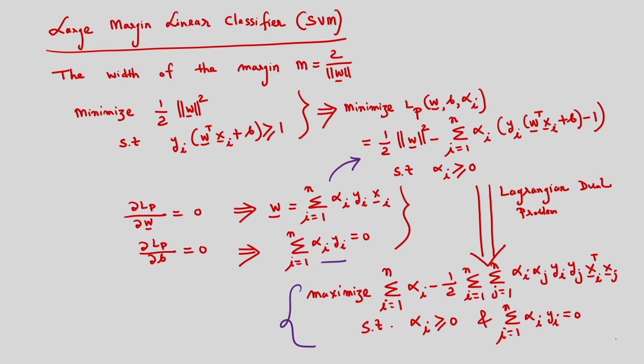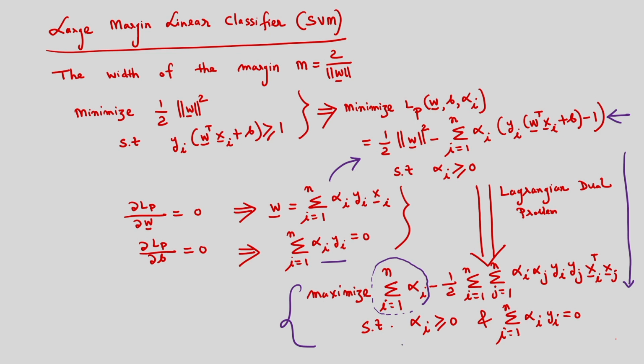So in this case I have to maximize this quantity with respect to alpha i. Alpha i is nothing but the Lagrange's multiplier, and already I told you for the support vectors alpha i is not equal to 0.